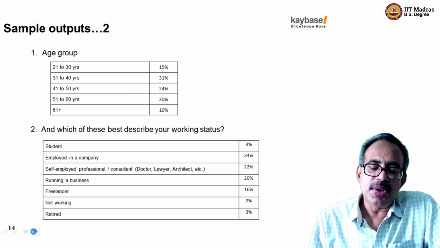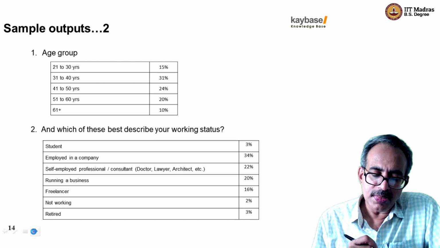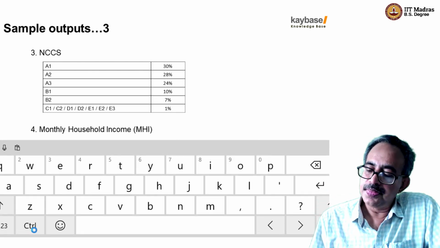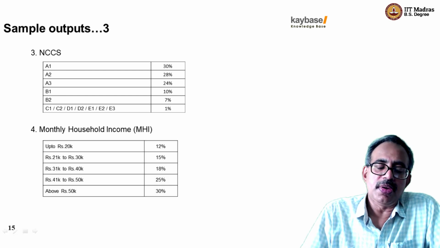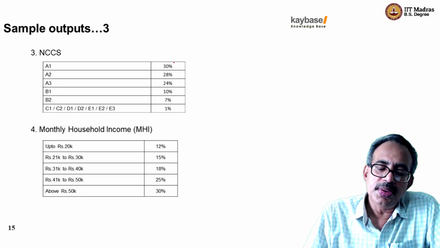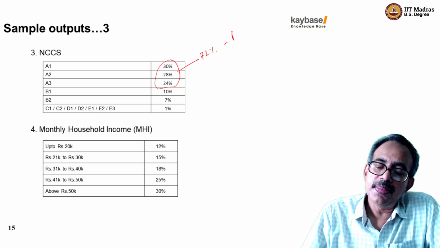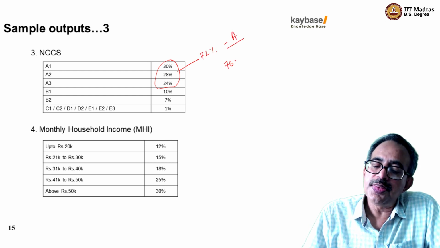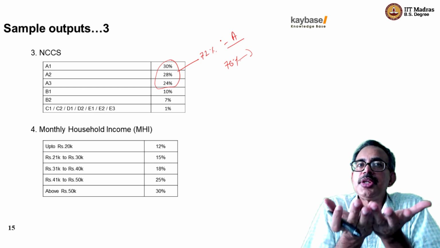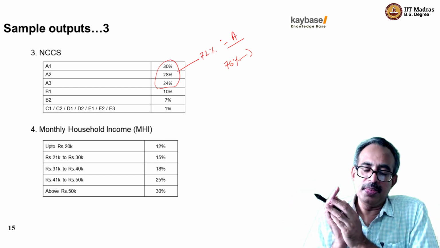Going forward, what is the age group? NCCS, the socioeconomic class. Okay, so 72% are A. So 76% is working, as we saw earlier, and 72% is A. So we can safely conclude that people are working in middle management and above.